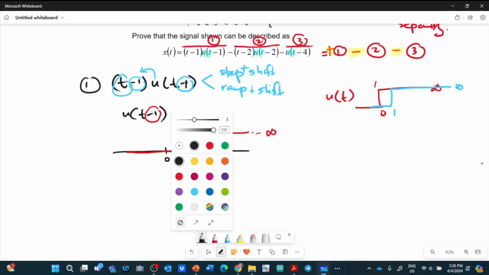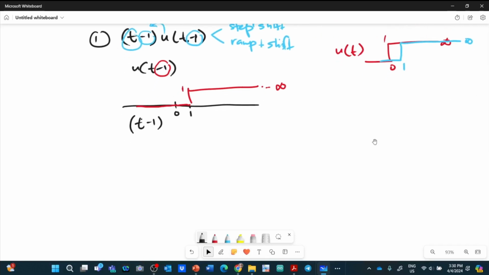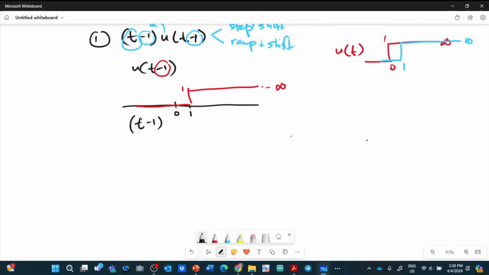Good. Now we draw the second one, t minus 1. t minus 1 is a ramp, right, with shifting. So ramp, kalau normal ramp adalah, if you have 0 here, normal ramp is like this, t, whereby m equal to 1 and c equal to 0.